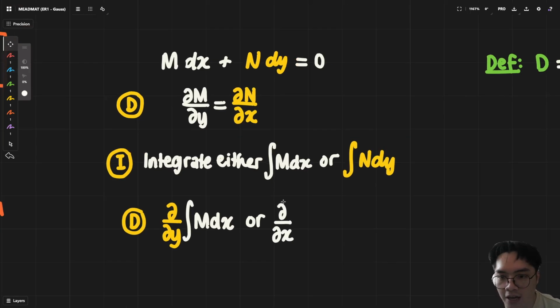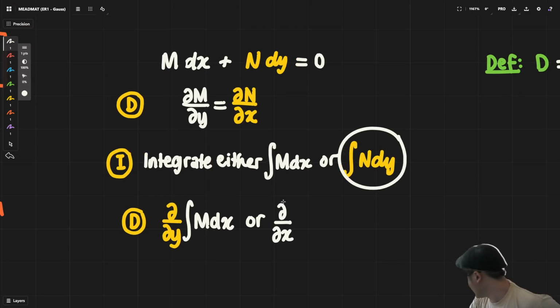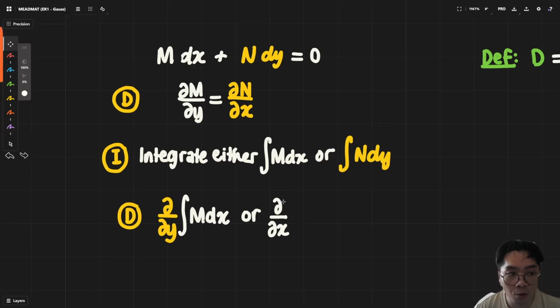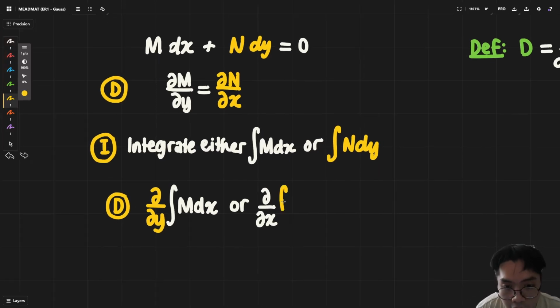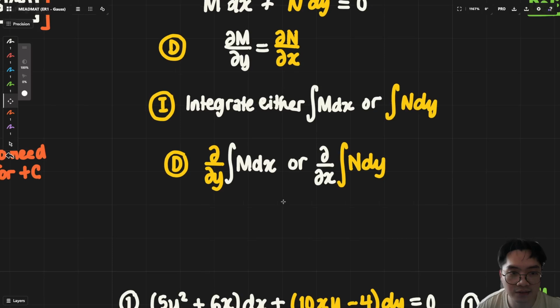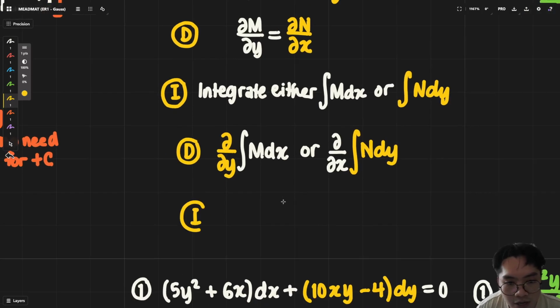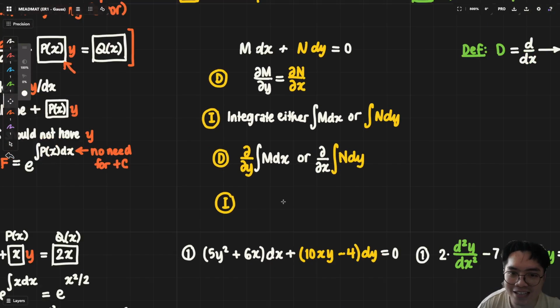Or on the other hand, if you have selected N dy, the integral of N dy, you will now derive that with respect to x, basically the other variable. And what is happening here is we're just checking to see if we are missing any terms. And for the last one, there will be another integration.